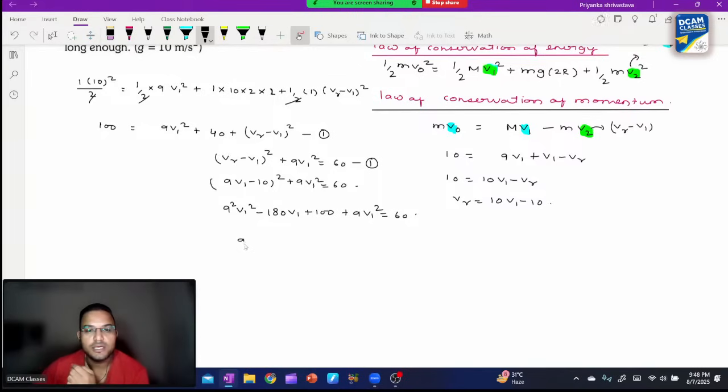81 plus 90 V1 square minus 18 V1 plus 40.